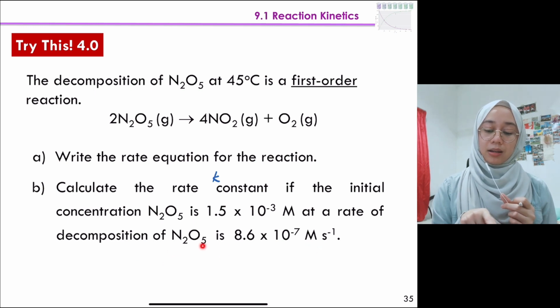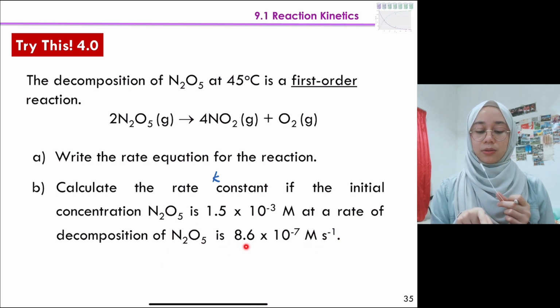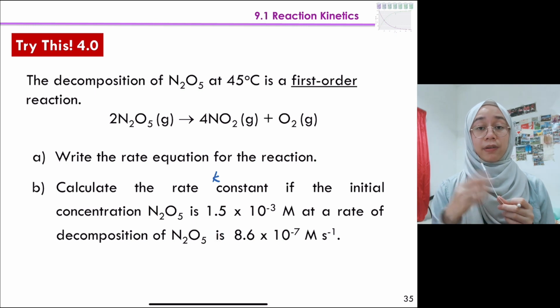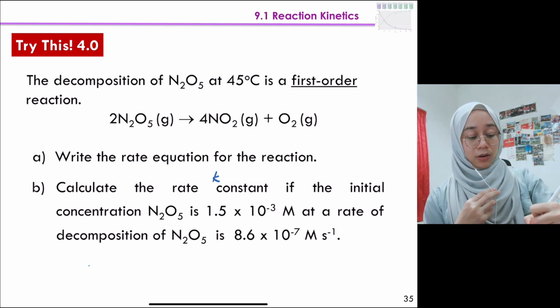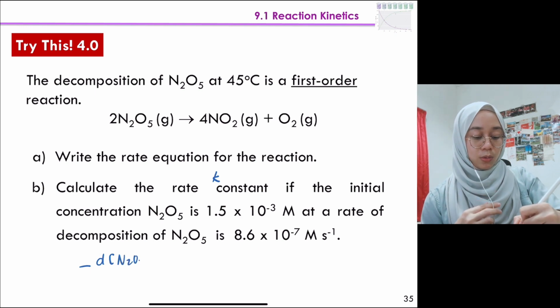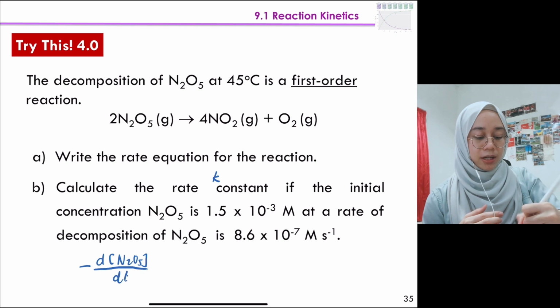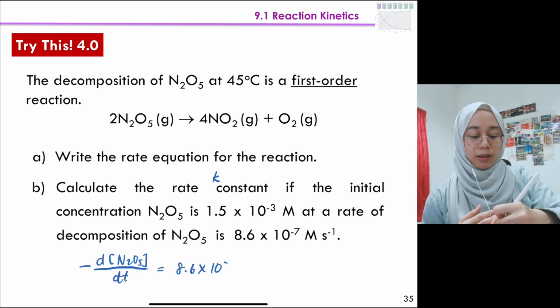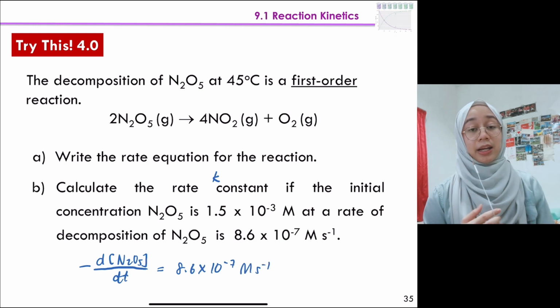Tiba-tiba dia bagi rate of decomposition untuk kita punya N2O5, rate of decomposition. Therefore, ini adalah negative change in concentration of N2O5 over dt is equals to 8.6 exponent negative 7 molar per second.